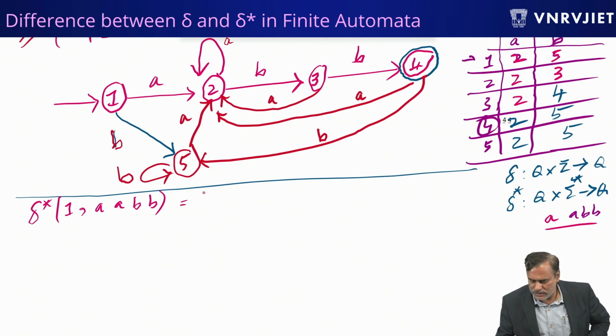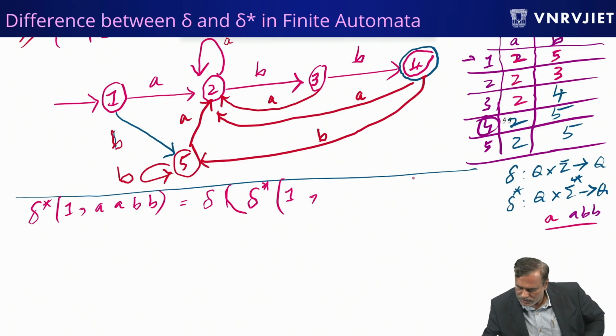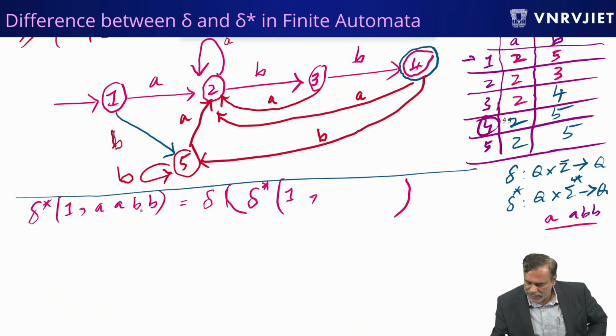It is delta of delta star of 1 on AAB, and then B. First you have to find for AAB, and then for this B you are going to get.